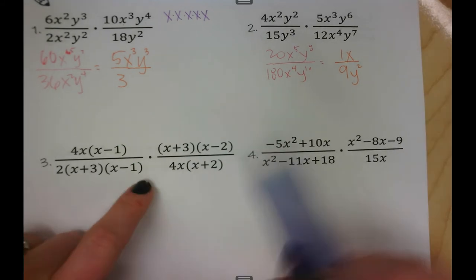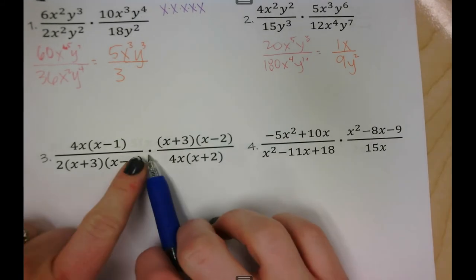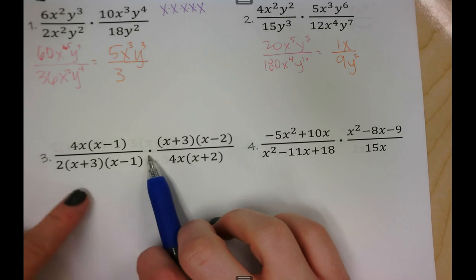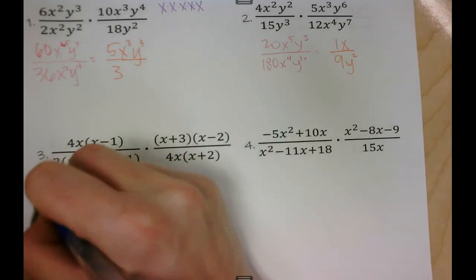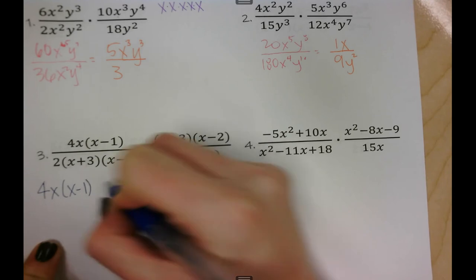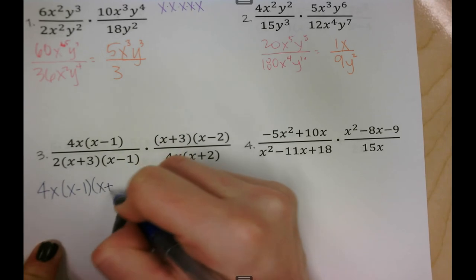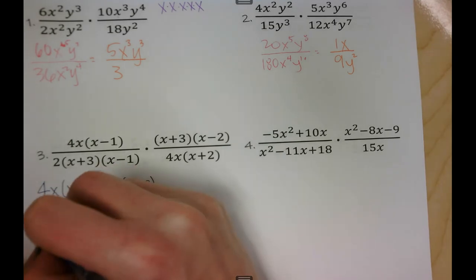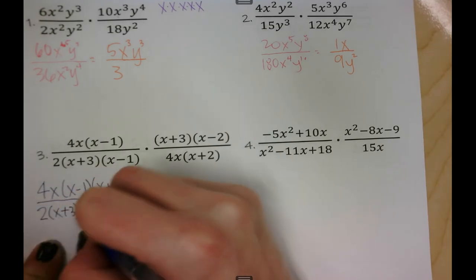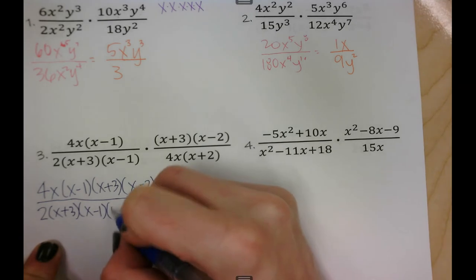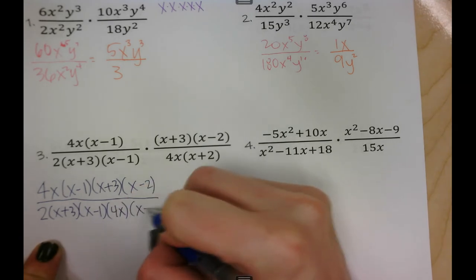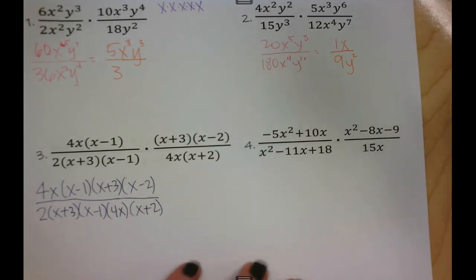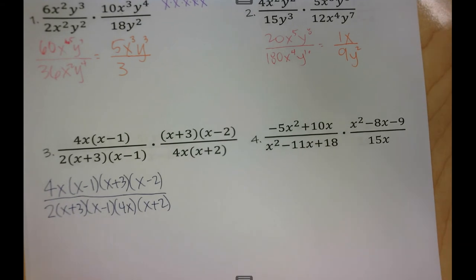What this multiplication sign means, I should have mentioned this before, is we've got 4x times x minus 1, and it's just times x plus 3 times x minus 2, all over everything down there on the bottom. 4x, x plus 2. It's all just being multiplied, top and bottom. We don't really have to separate them. So we can go to eliminating anything that's common.